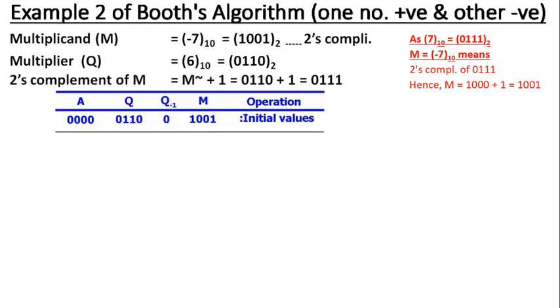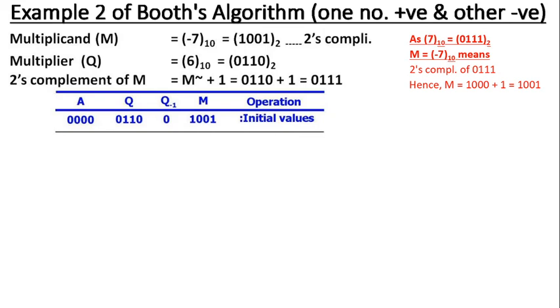So here are the initial values. 5 columns: register A 4 bits, register Q minus 1 single bit, then register M, and then the operation which is just now performed. So in the initial values, register A, as per the flowchart, all the 4 bits of register A should be with initial value 0000 written here.